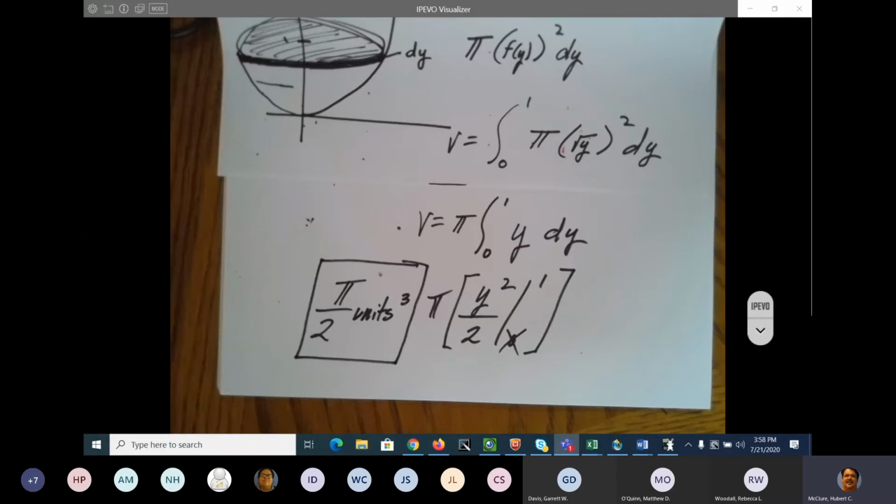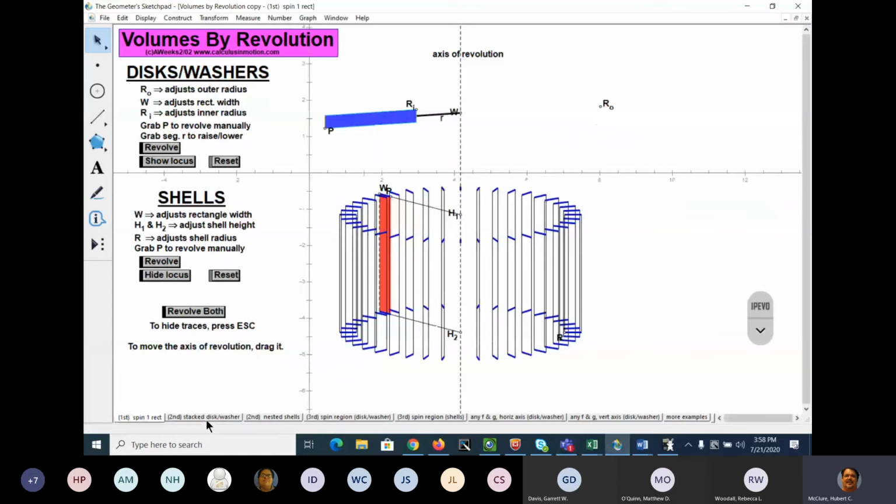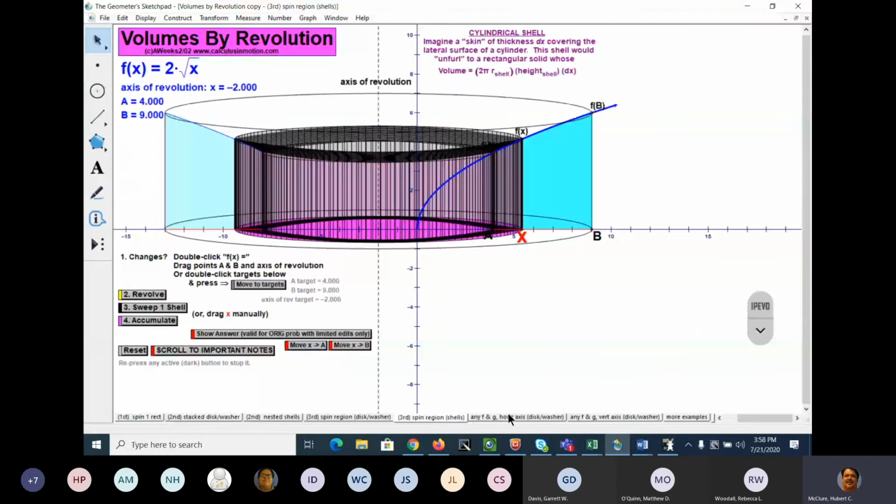Now here's one that's going to be a little bit different. And I'm going to go back to the drawing. And here, I can't draw it here. No, let's see. Which one am I trying to find? Here we go.